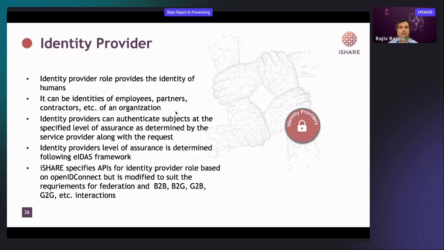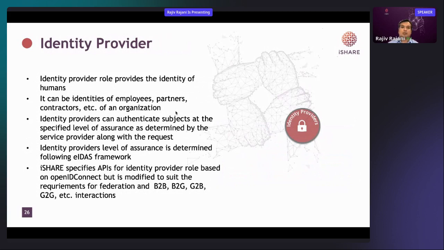I'll explain later why in the iShare framework two machines can be identified without an identity provider. But for humans, of course, you need an identity provider who has onboarded the identity of that employee, and when that employee logs in, this identity provider can provide the authenticity of that identity, which is important for usually business transactions or organizational data exchange.